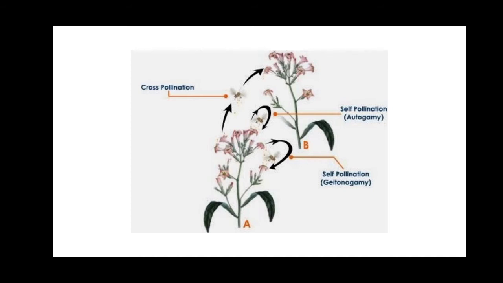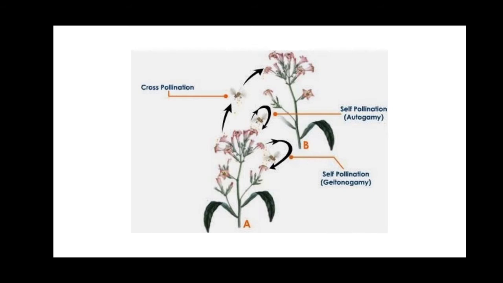But let's keep in mind that whenever we are talking about the process of self pollination and cross pollination, a primary objective of that thing is to bring about variation. In the case of cross pollination, the chances of variation are very high, because the individuals are two different plants, isn't it?